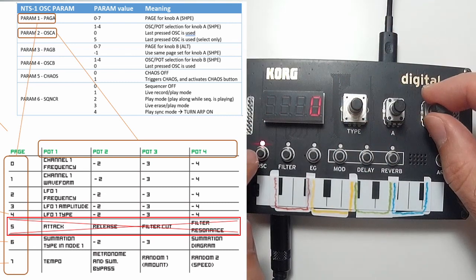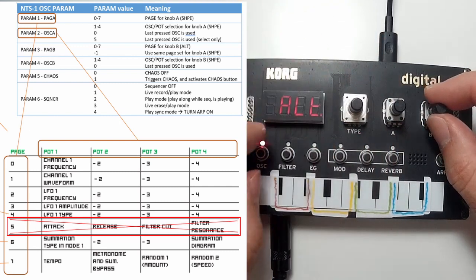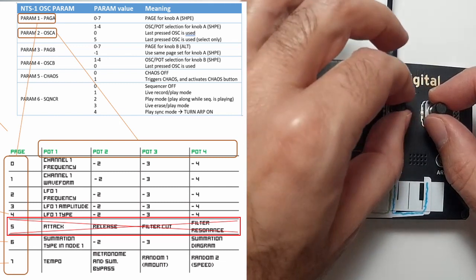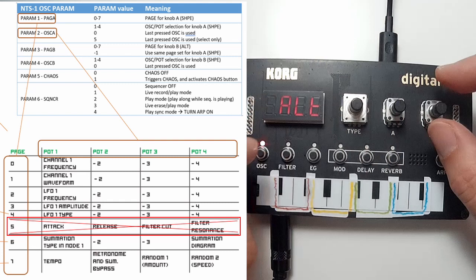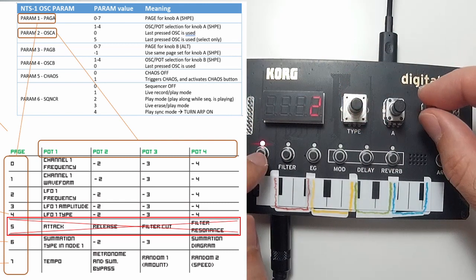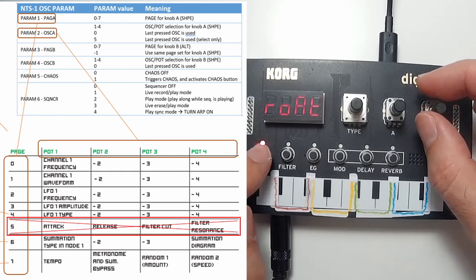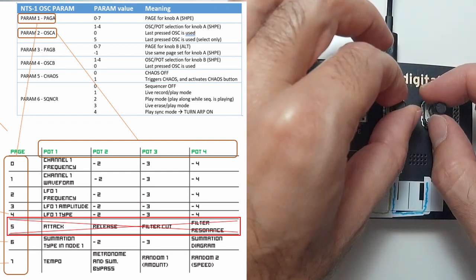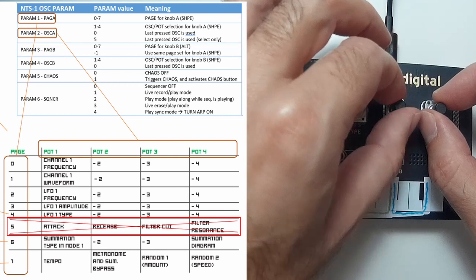Set page A to change pitch. They're both changing pitch. Select page A, change shape again. Both changing shape.